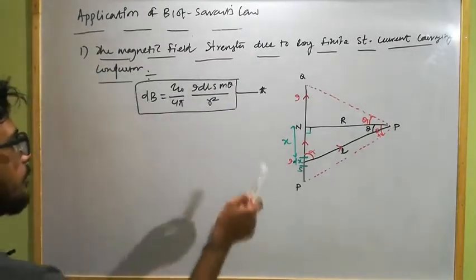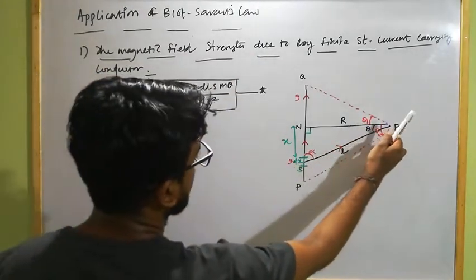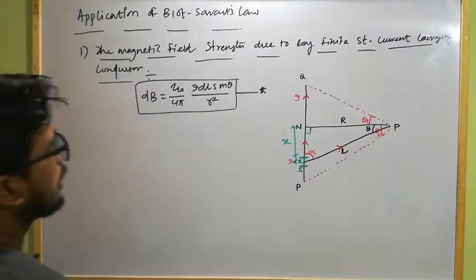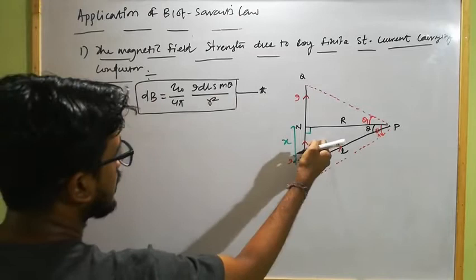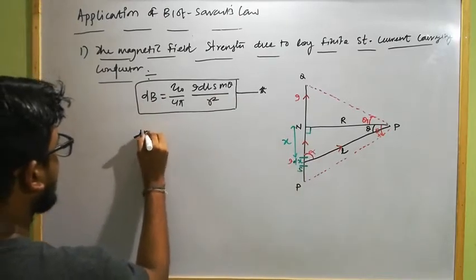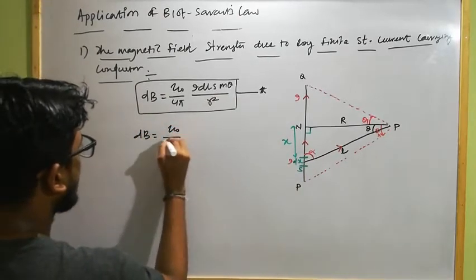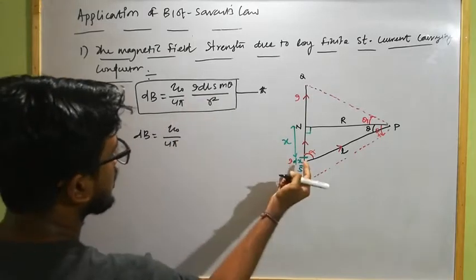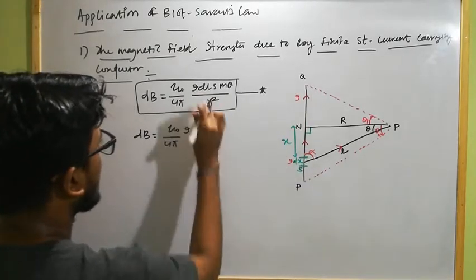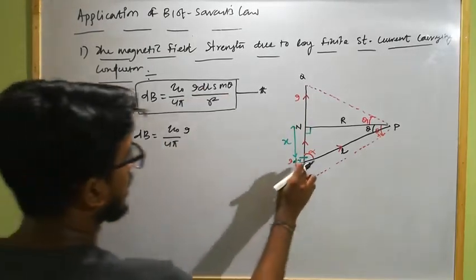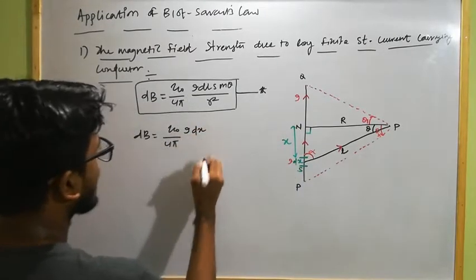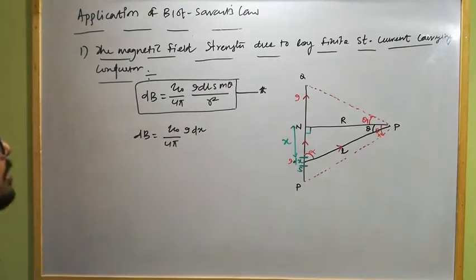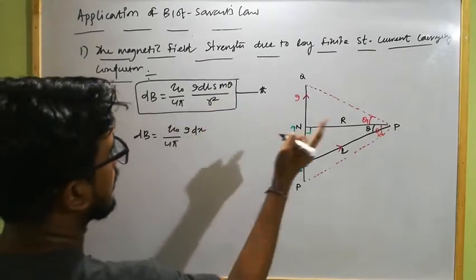So now we have to apply Biot-Savart's law to find the magnetic field strength at this point. dB equals mu naught by 4 pi, current I flowing through this, dl is the length of the current carrying element. Here dl is mentioned as dx, so it will be I dx sin theta, where theta is the angle between the direction of the current carrying element and the position vector.